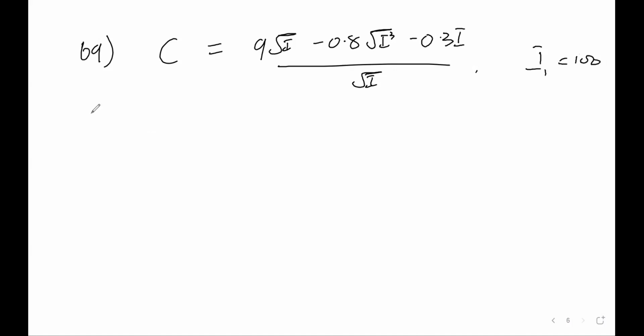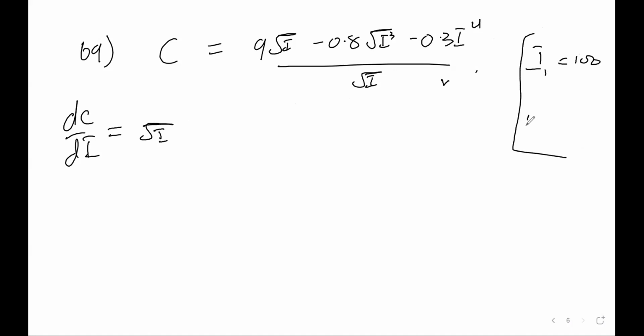So dC/dI: this is still a quotient function, which we can differentiate using the quotient rule. So this is my u, the numerator, and my v in the denominator. So keep v the same. We already recall that square root of I is I to the half, so when we differentiate it, note that we write it like this first. Keep this one the same, differentiate this one, we differentiate term by term.